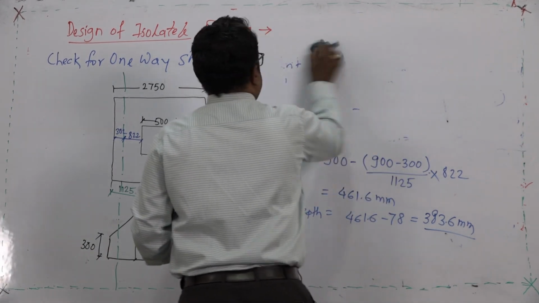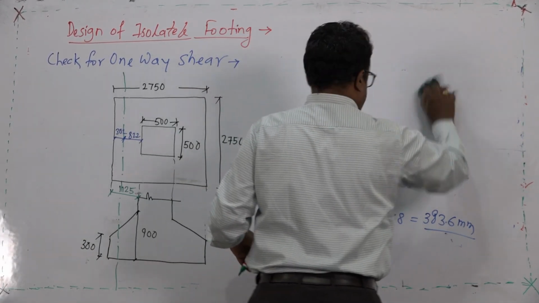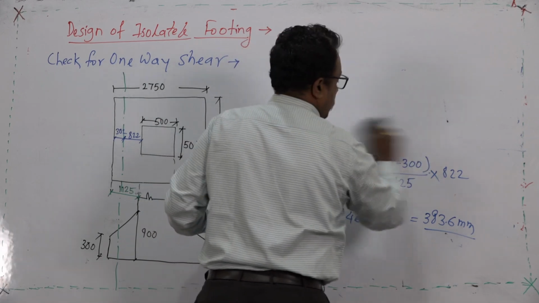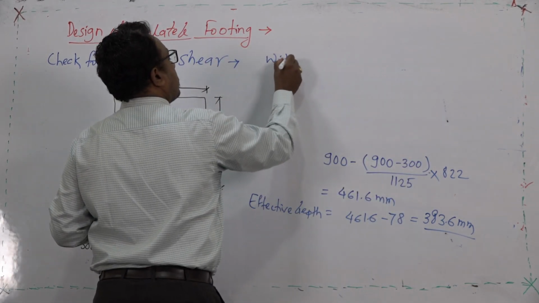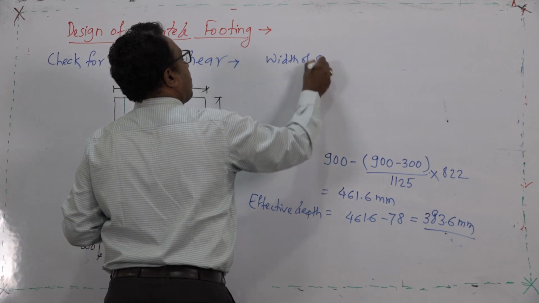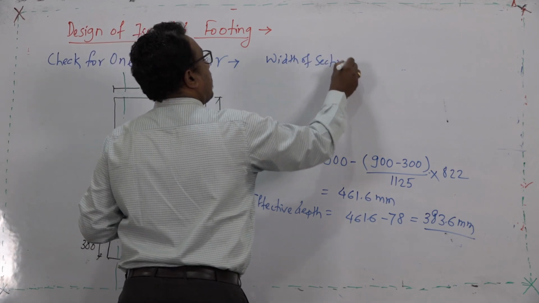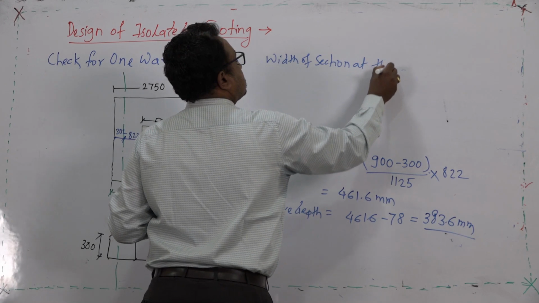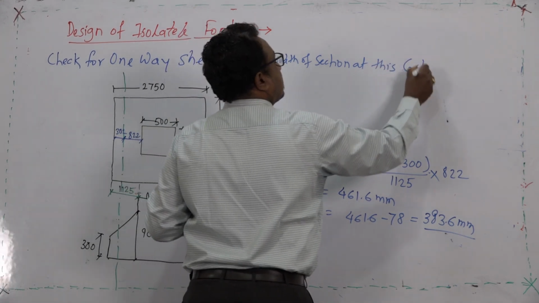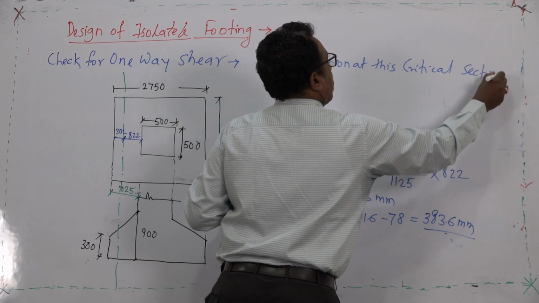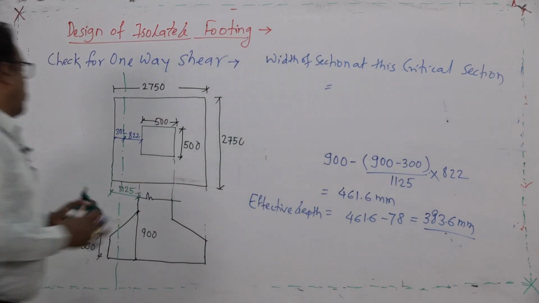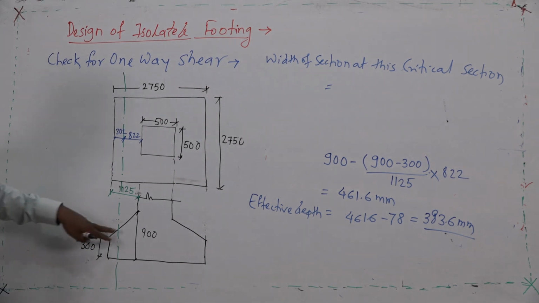At the same time, we will try to find out what will be the width of section at this critical section. So, the width we are supposed to consider at this particular location, which is the critical section.